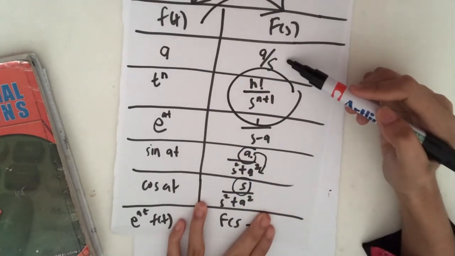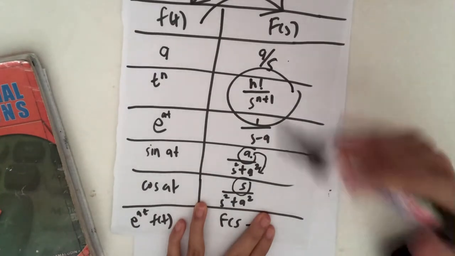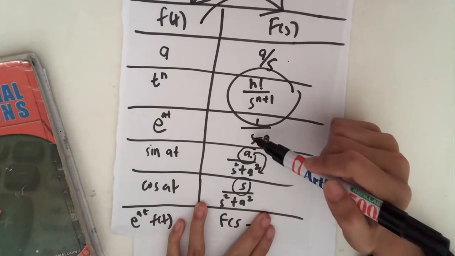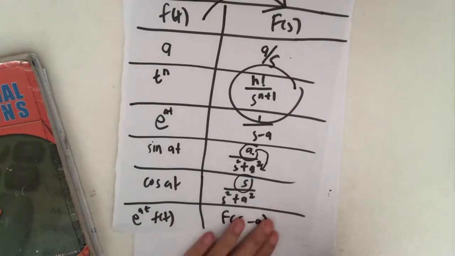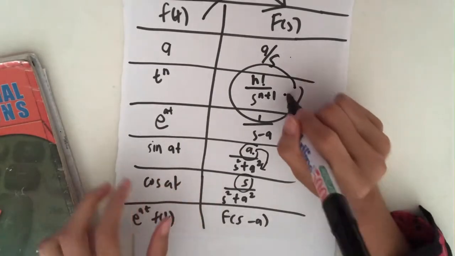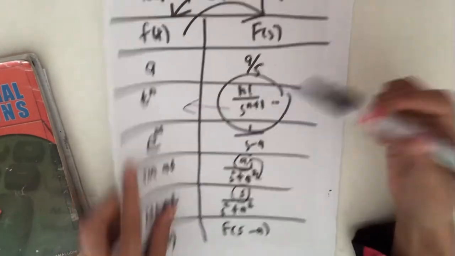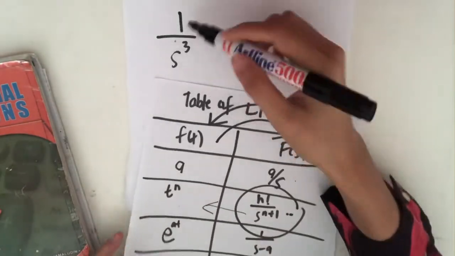If this one is s only, it can't be s to the power of something. Same goes for exponential, it cannot be s power something, it's just s minus a. So we are just left with t to the power of n, meaning the answer will be somewhere here. So 1 over something, which is 1 over s cubed.